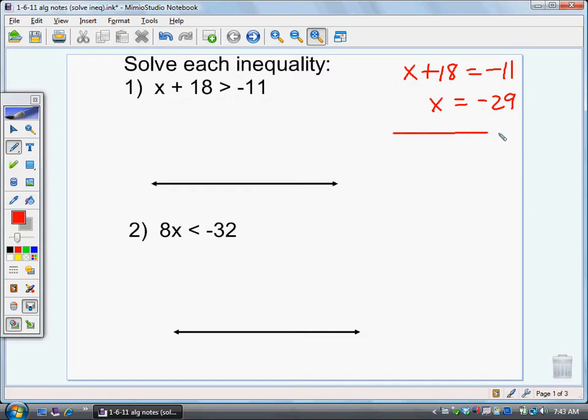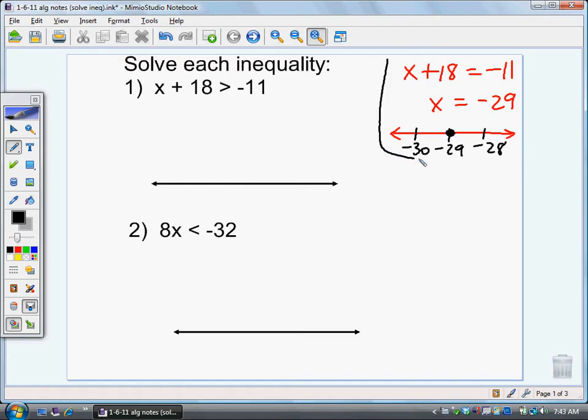If I were to show the solution on the number line, I would have my number line and put some numbers on it. And the solution would just be the one number, negative 29, that it says x is. That's how you solve an equation.